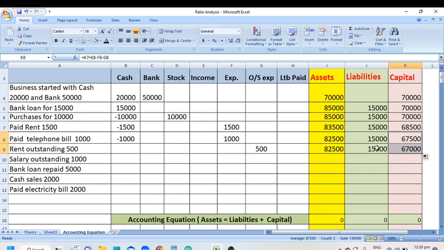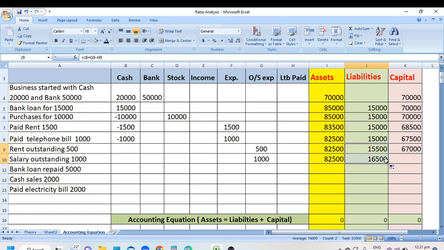So when you add liability plus capital, it becomes the asset, 82,500. I hope it's making sense to you, and if you have any questions, definitely put them in the comments and I'll explain a little bit more. Salary outstanding, that's the same thing. How much? 1,000, right? I already put the formulas, so not a problem. Asset doesn't change.